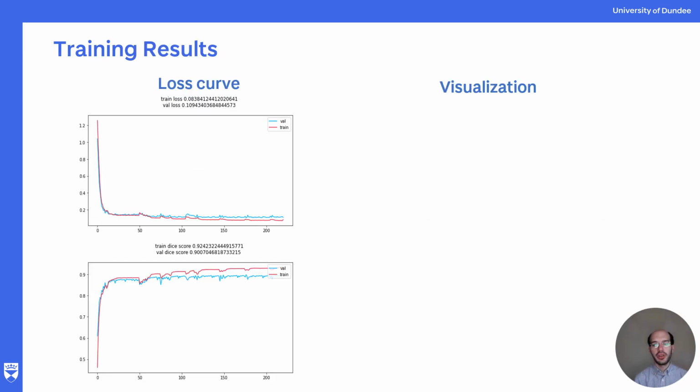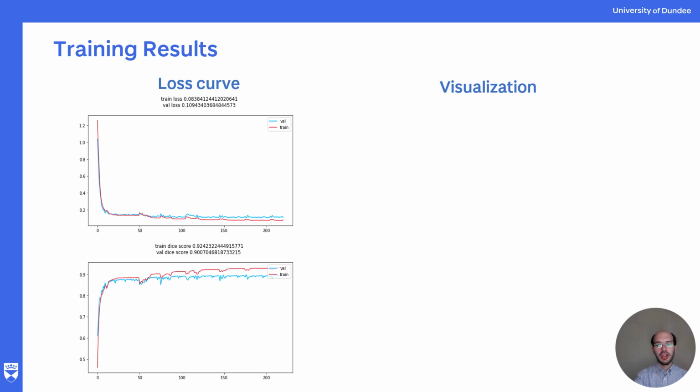In terms of training results, for the loss, here it's shown on top the L2 loss and bottom the DICE score, in red the training and in blue the validation. So it's possible to see how the convergence is quite fast in terms of epoch number, and also the discrepancy between validation and training is small, especially for the L2 loss.